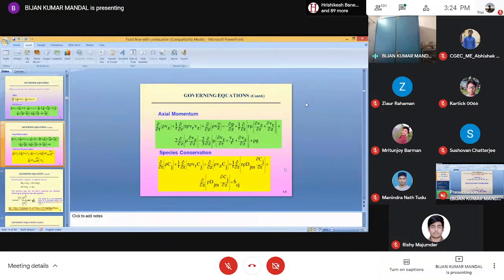Now, since there is a change in species due to combustion, some species are consumed and some new species are formed. So we have to have the species conservation equations, for all the species involved in this particular combustion process. That's why I have given Cj, the concentration of that particular species j, where j goes from 1 to the number of species.